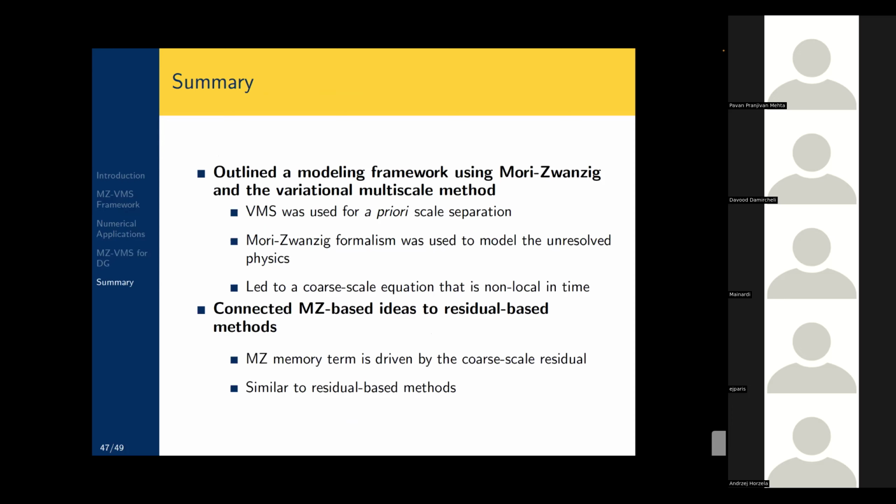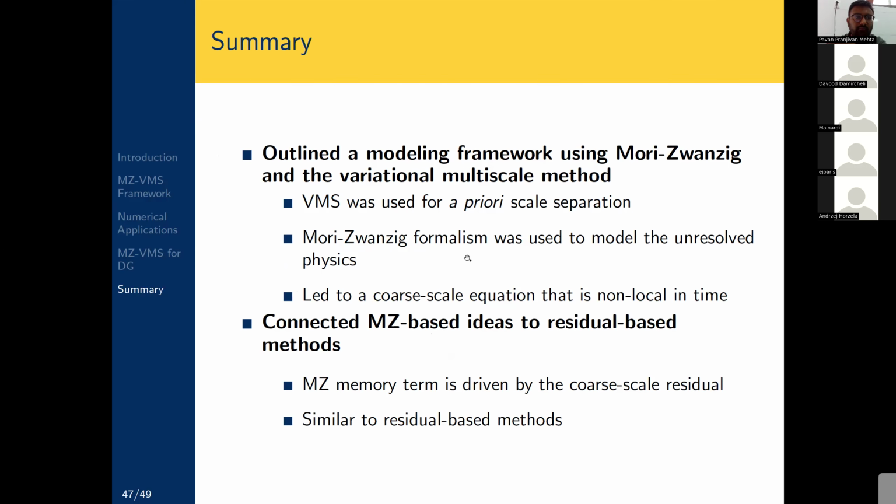In summary, I outlined this modeling framework using MZ and VMS. What I want to highlight was that we use VMS as the vehicle to get our scale splitting, and the important thing is that MZ gives us this coarse-scale equation that's non-local in time. I talked about how we can approximate the memory term in MZ, and then I connected this to residual-based methods.